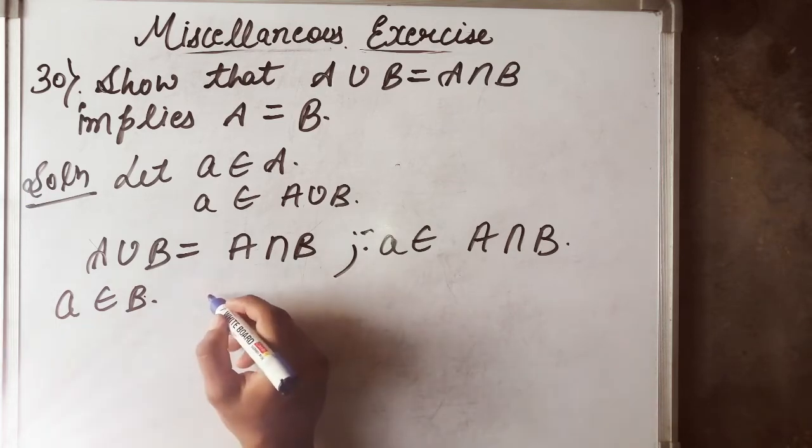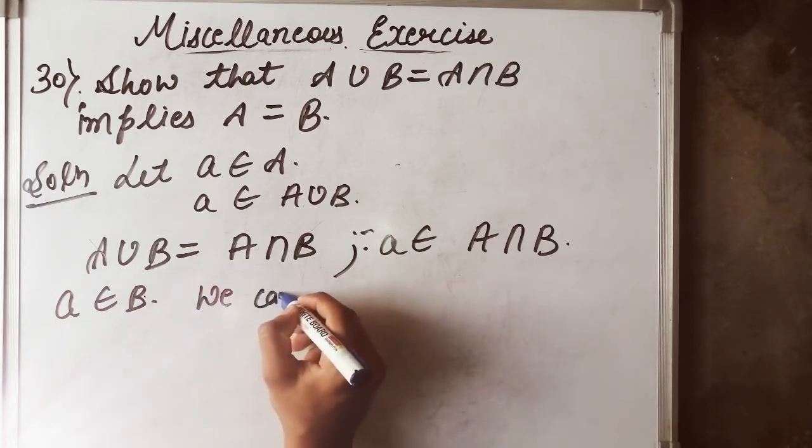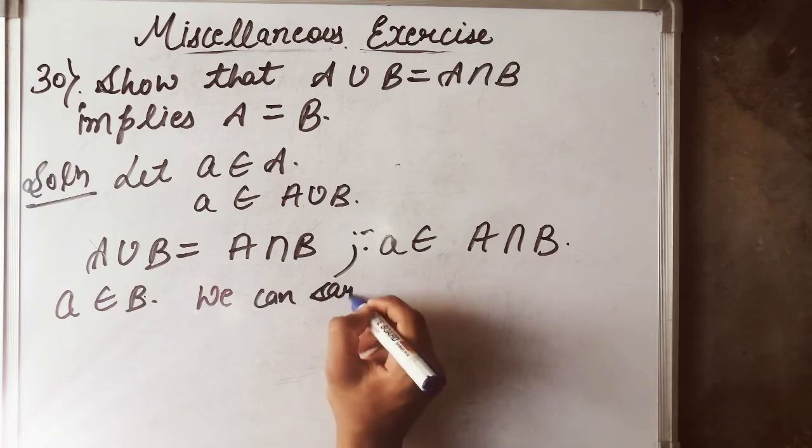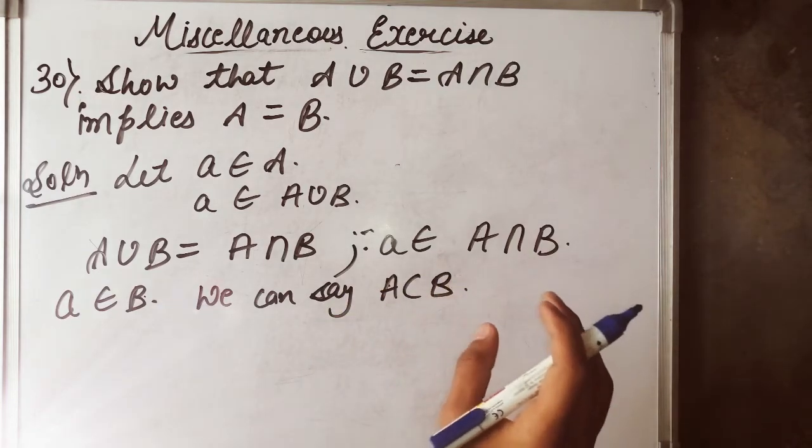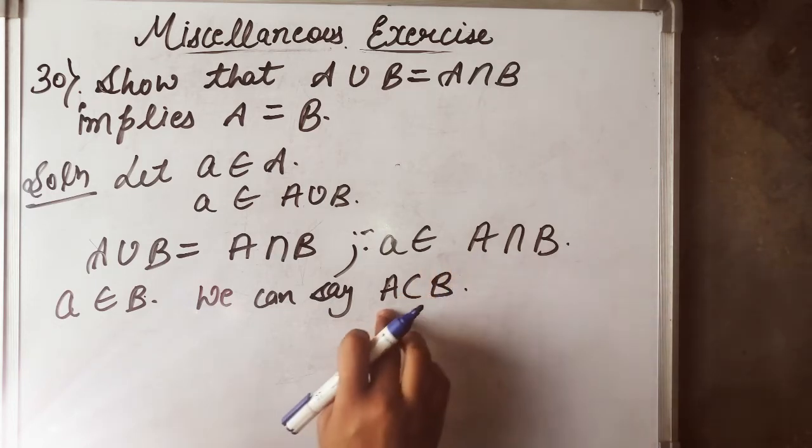And therefore we can say that A is a subset of B, because the elements of A are present in the A set as well as the B set.